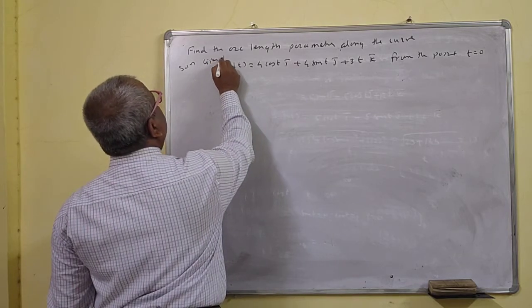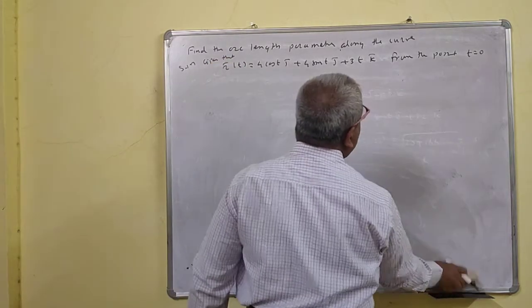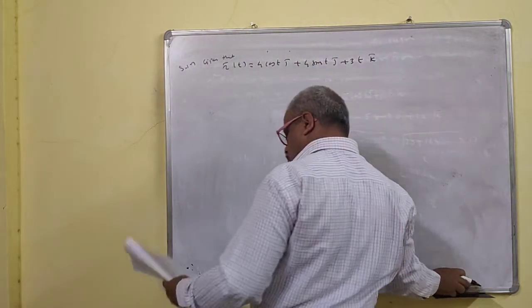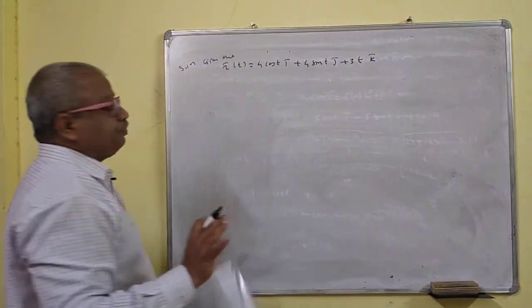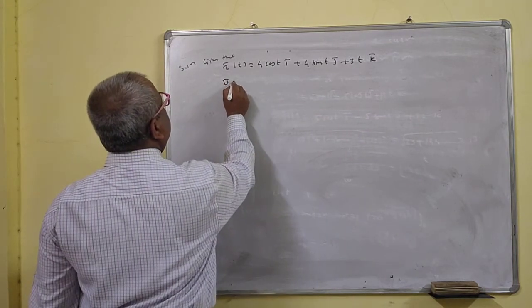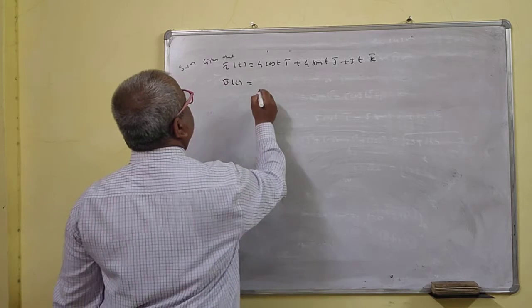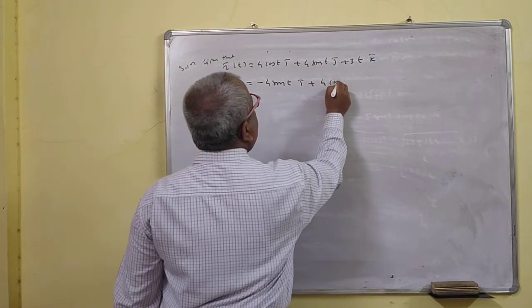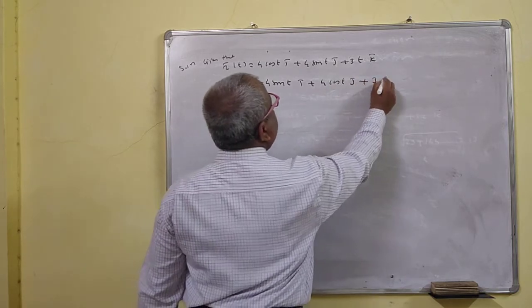I will take a shortcut. So this is given. All those things you have to find, r bar of t. So V bar of t is equal to minus 4 sin t i bar plus 4 cos t j bar plus 3 k bar.